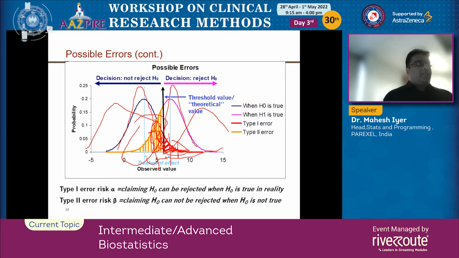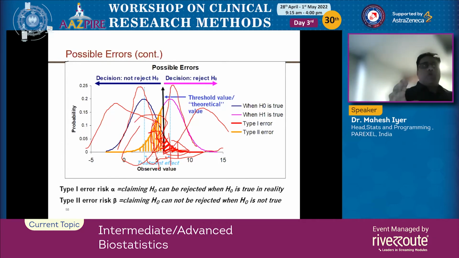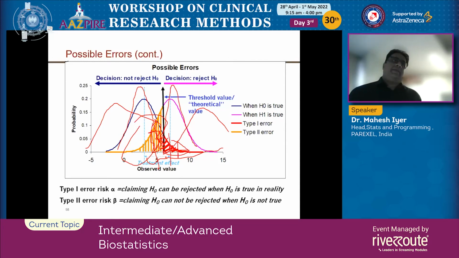If a p-value is less than 0.05, you reject the null hypothesis. Okay, simple. This is the whole construct of testing. Once you understand this, then everything else is easy.